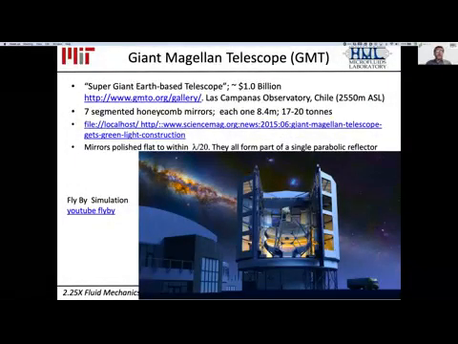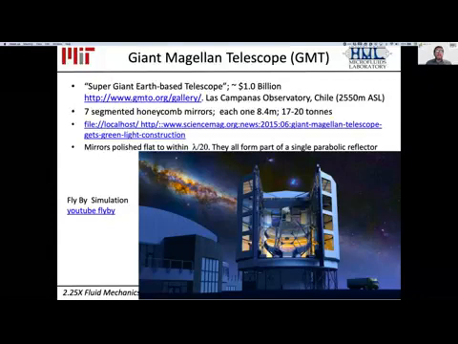One example where this idea of using rigid body rotation to make liquid lenses or mirrors is used is the Giant Magellan Telescope. This is one of a class of new super-sized giant Earth-based telescopes that's costing somewhere close to $1 billion. And it's being built very high in the high desert of Chile, about 2,500 meters above sea level.